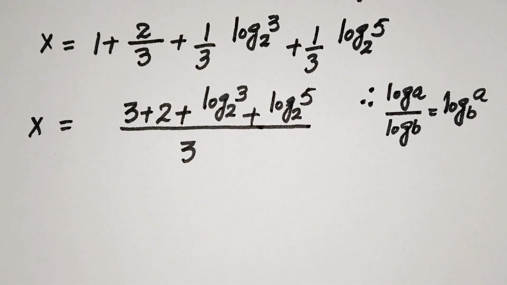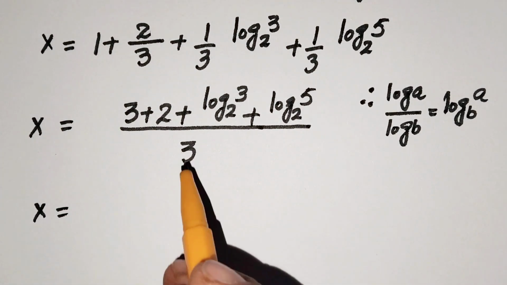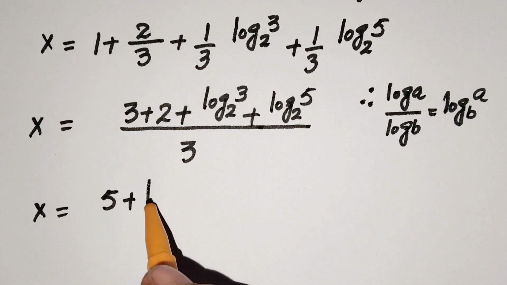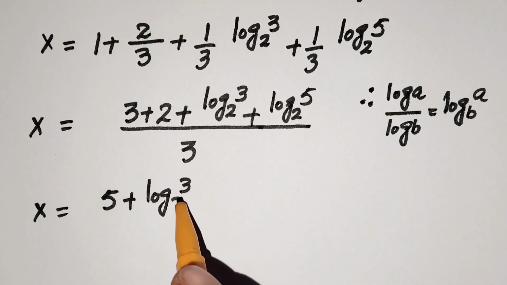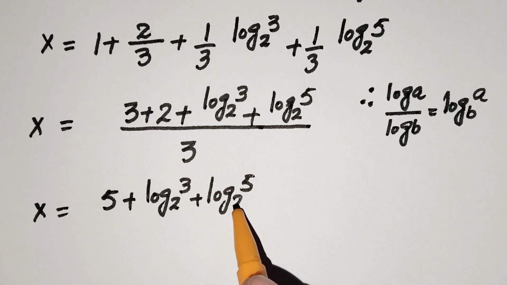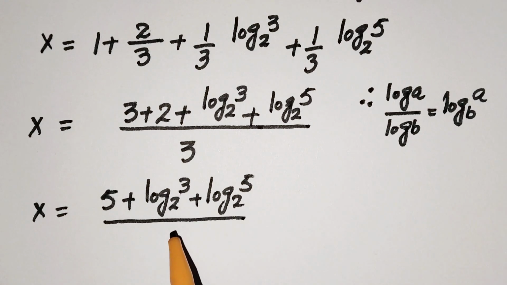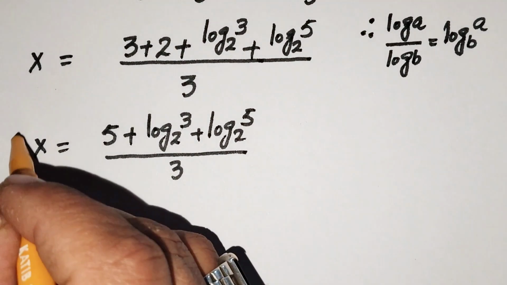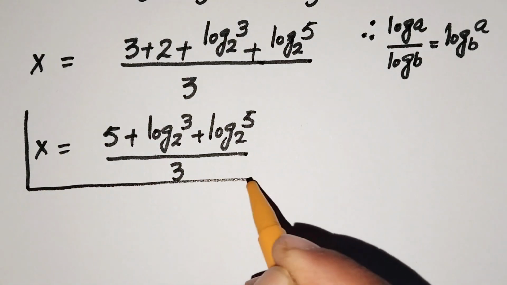So our final step is x is equal to 3 plus 2 is 5 plus log 3 to base 2 plus log 5 to base 2, all over 3. So it is our value of x that we have just found.